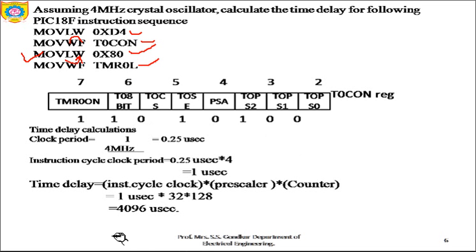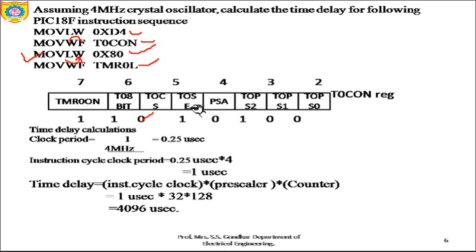From this you just see the bits. Timer 0 is on. T08BIT is equal to 1. It means it is configured as an 8-bit timer. T0CS bit is equal to 0. It means it is the internal clock. T0SE is equal to 1.